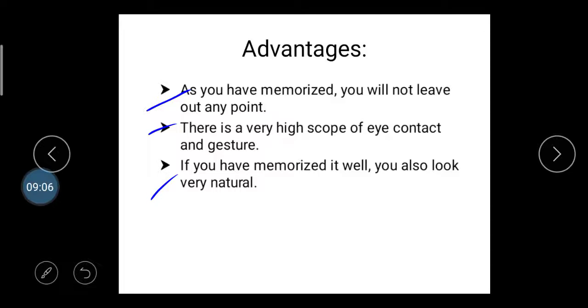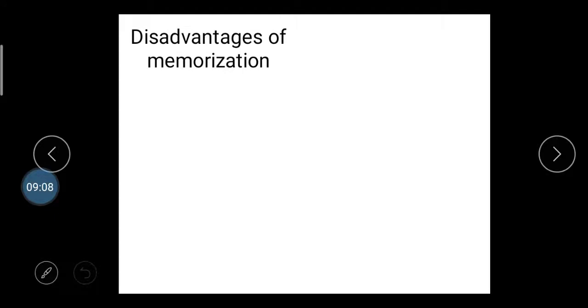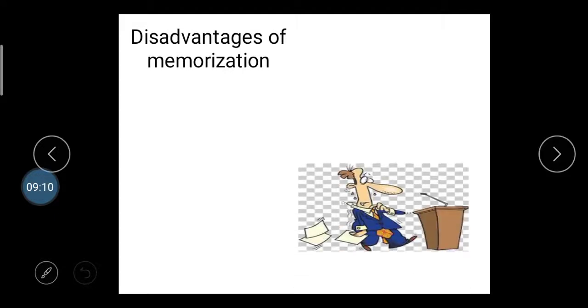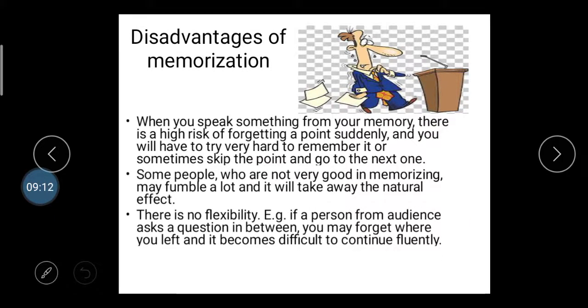Then what are the disadvantages of the memorization method? First, when you speak from your memory, there is a high risk of suddenly forgetting a point, and you will have to try very hard to remember it, or sometimes skip the point and go to the next one.